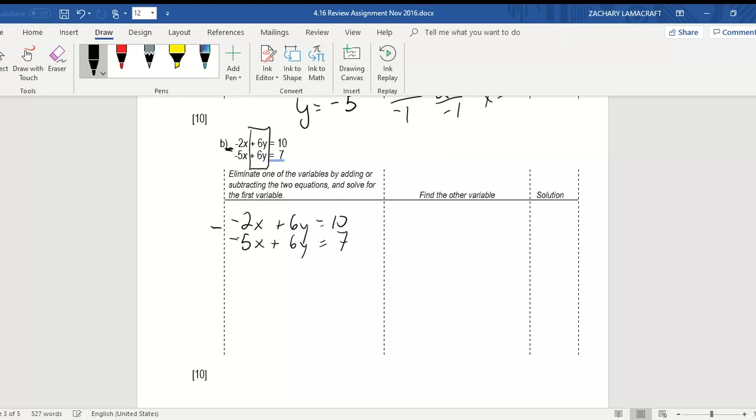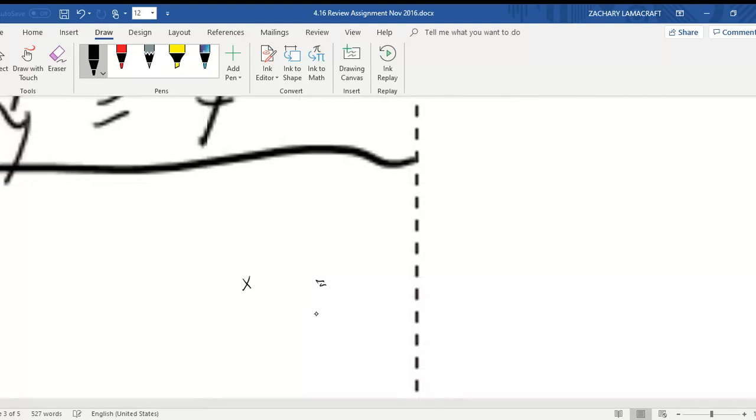We're going to subtract both of those because that will get rid of these. So 0. Negative 2x minus negative 5x. So we're actually adding, there will be 3x. And then 10 minus 7.